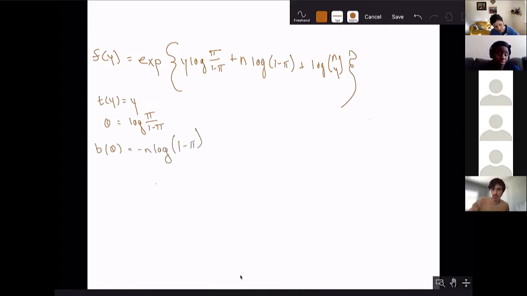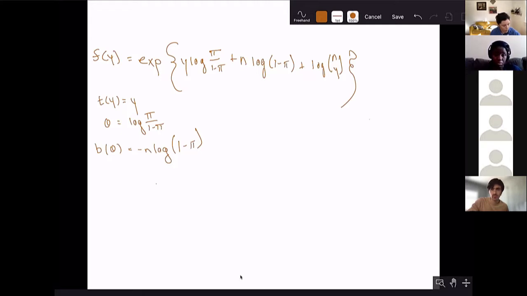So you're asking about the canonical link. I think, correct me if I'm wrong, but maybe you're confused about what the canonical link means. Yeah, I'm still confused about that too and how to find it. So it's really just a definition. I was talking a little bit about this in lab about the difference between the natural exponential family form and the exponential family form.